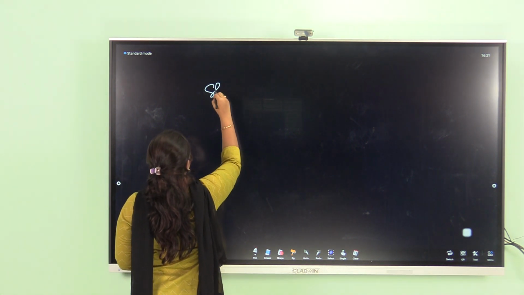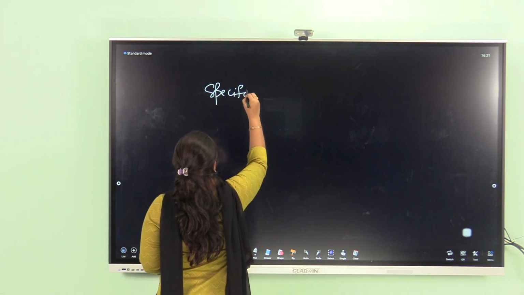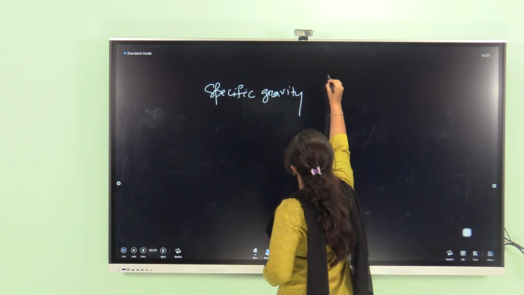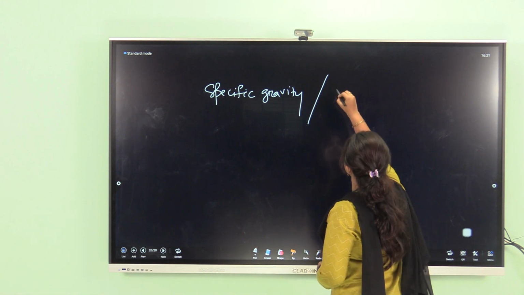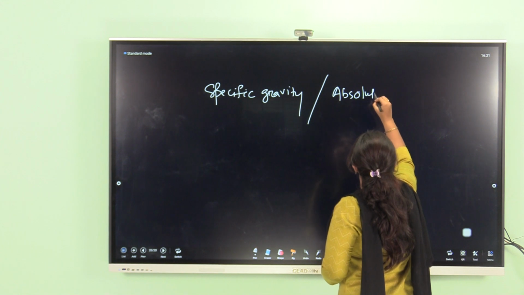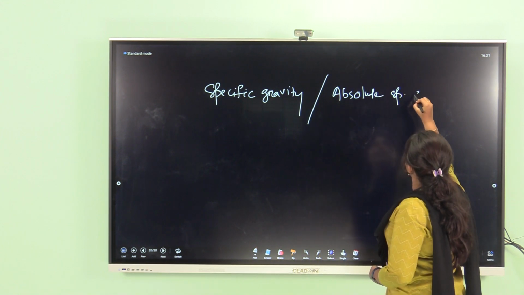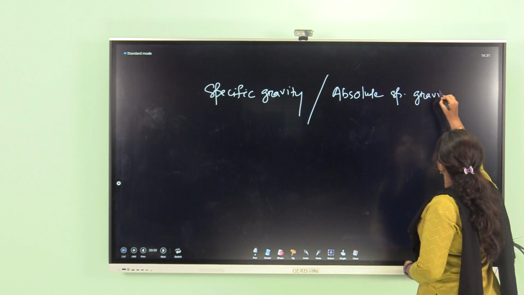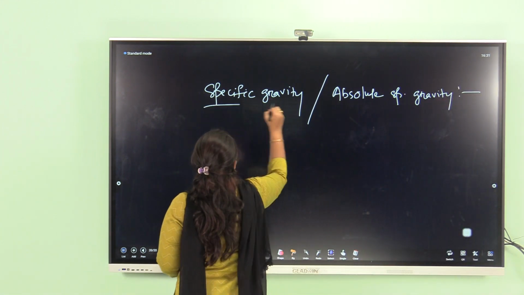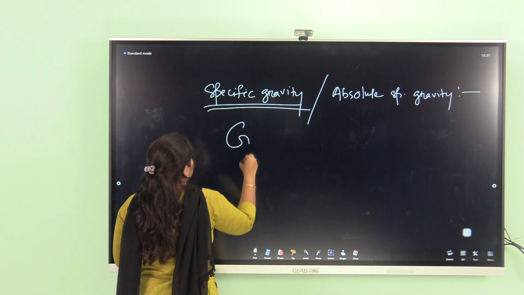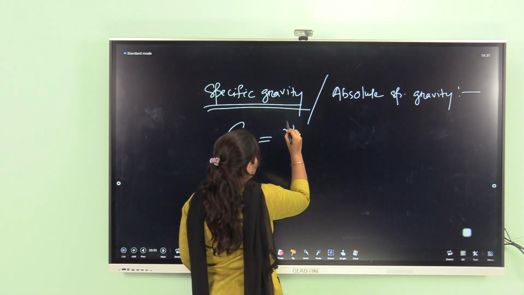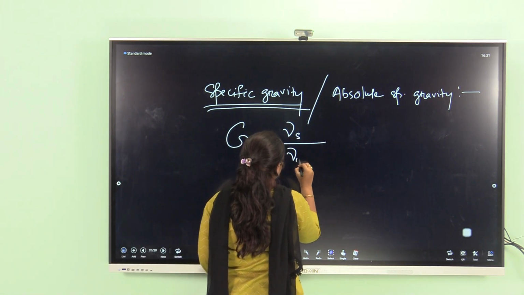Next is your what? Specific gravity. Also you can write it as absolute specific gravity. Termed as what? G. G equals to gamma s upon gamma w.